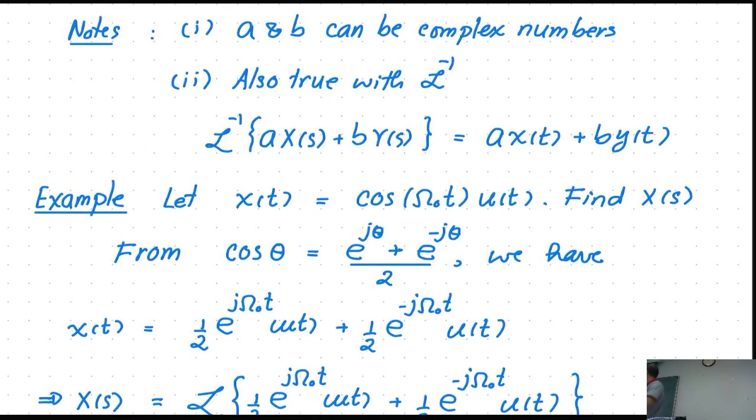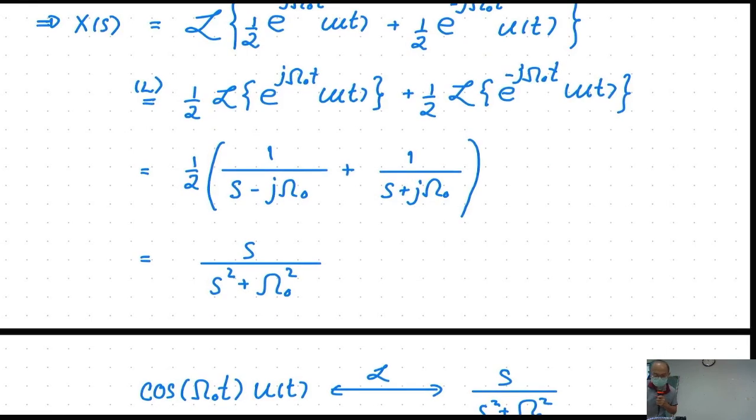We use this property to find the Laplace transform of a sinusoid which starts at time 0. Using the Euler identity, we found that the Laplace transform of cosine is given by this. You see here, we are transforming from the time domain signal into the s domain signal. Every time we see this, we know that x(t) would be a cosine signal with this number as the angular frequency, starting at time 0.